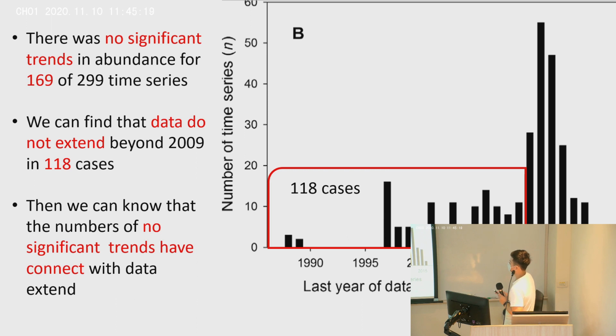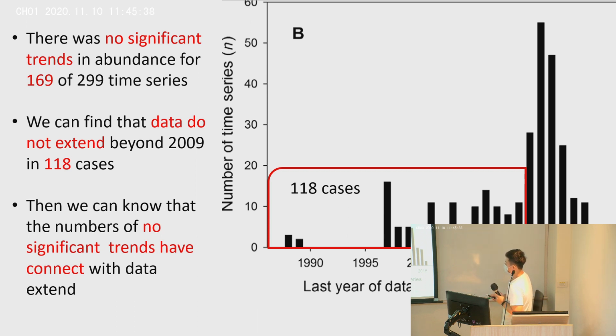So we use this figure to explain it. The x-axis is the last year of data for the published time series, and the y-axis is the number of time series.